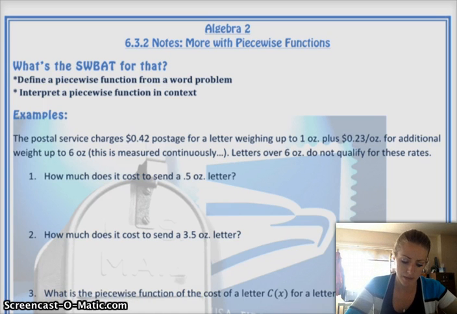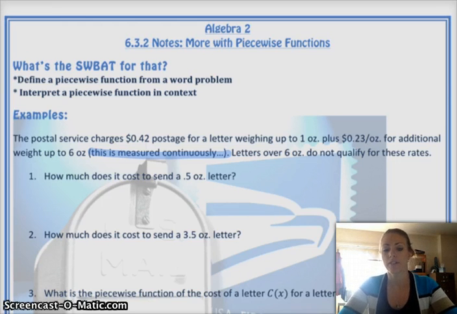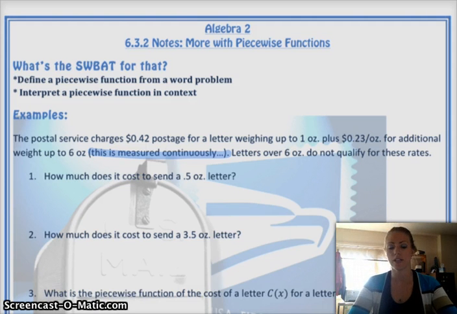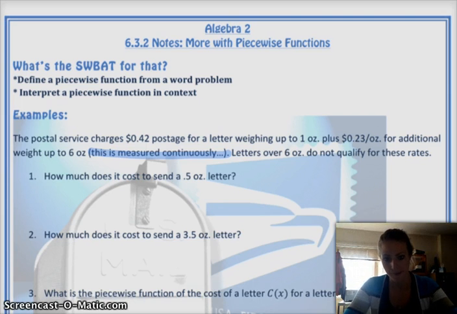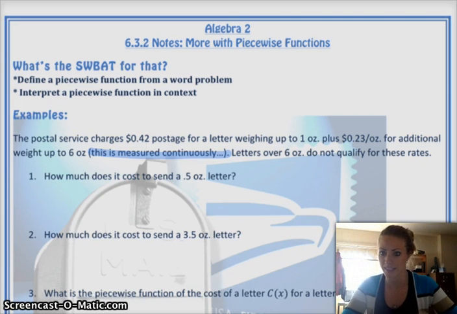It says measured continuously, which means that if it's 1 ounce and 1/10 of an ounce, then you pay 1/10 of 23 cents. So it just accumulates continuously, as opposed to as soon as it's over an ounce, then you have to pay 42 cents plus 23 cents, which is going to be a question later.